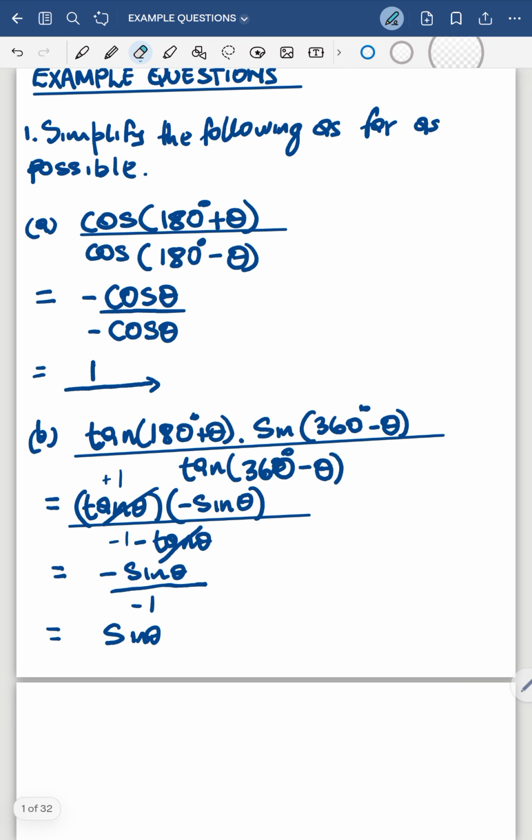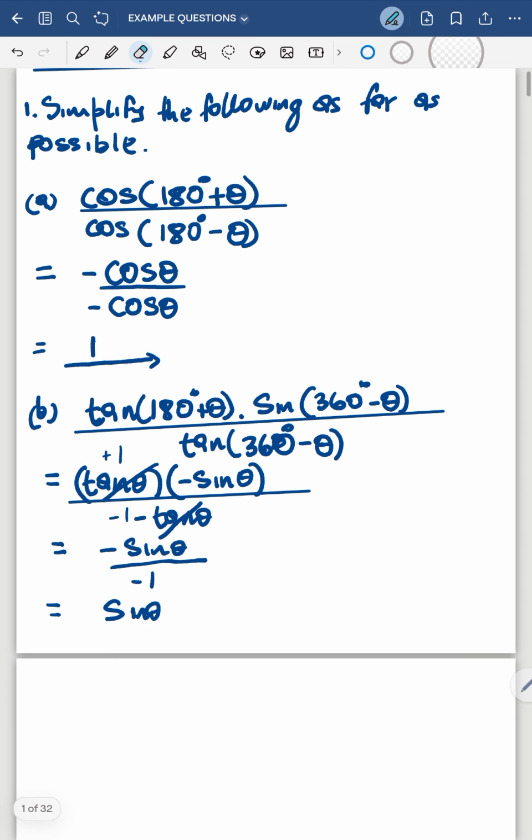So here, if we are having negative tangent, that means it's going to be -1. Then here we are having tangent, that means it's going to be +1. Then +1 multiplied by negative sine theta is going to be negative sine theta. Then -1 is going to be left alone. Then you're going to say negative divided by negative is going to be positive. Then sine theta divided by 1 is going to be sine theta. So this is your answer.